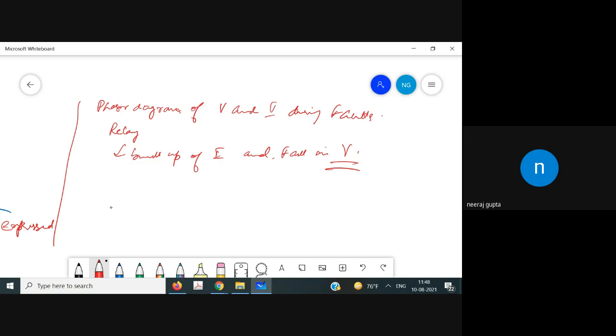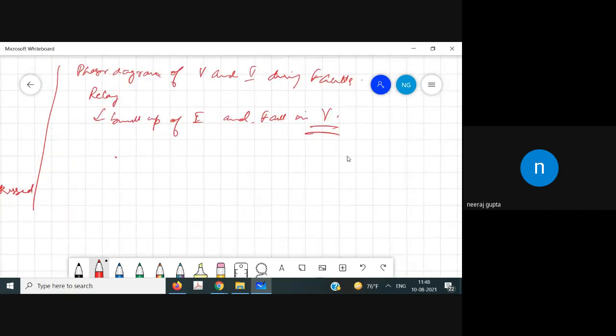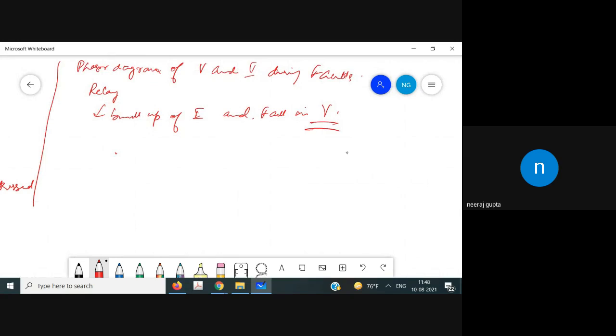Now let us suppose that we have a system, a generator, and this is the synchronous impedance of the generator, denoted by ZS, and this is a three-phase generator EA, EB, and EC.